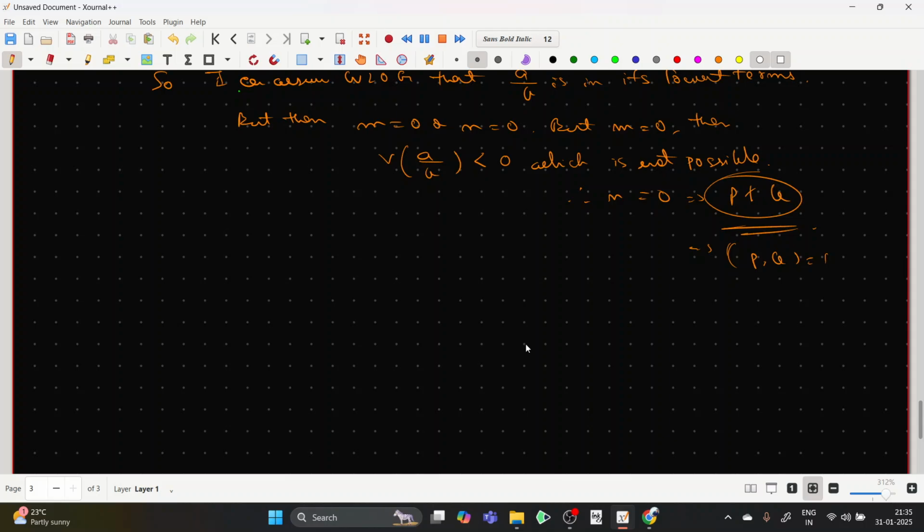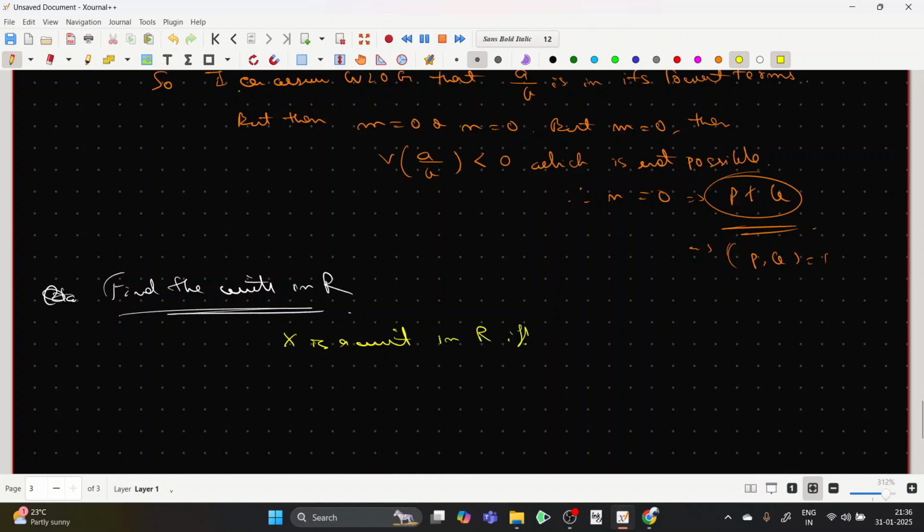Okay, so the last claim I make is about the units in R. So we find the units in R. Now recall that X is a unit in R if and only if its evaluation is 0.